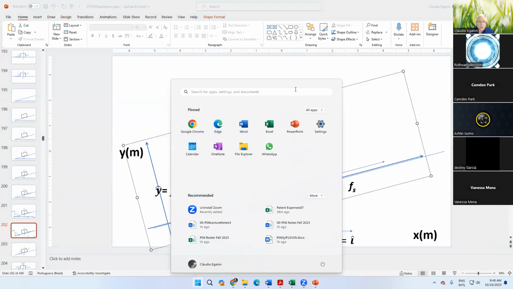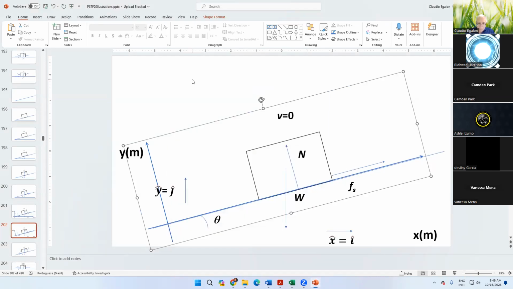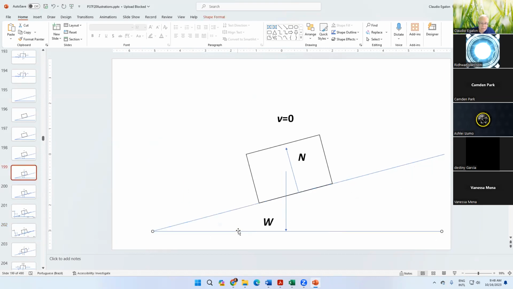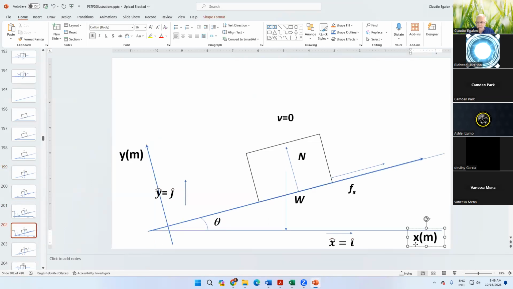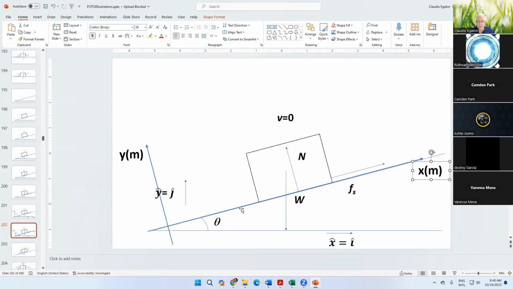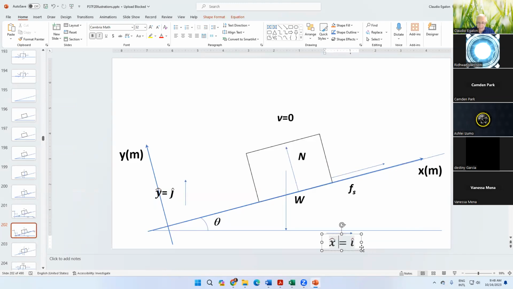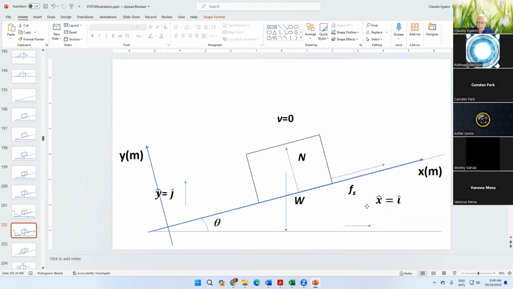Yeah, I think I got it. Okay, here you go. And by the way, this one is going to need a flat surface downwards. Right in here. Okay, here you go, x. And now my unit vector x is going to make an angle theta with horizontal, right? And unit vector y is going to make an angle theta with the vertical.